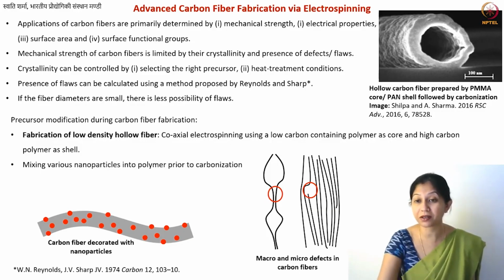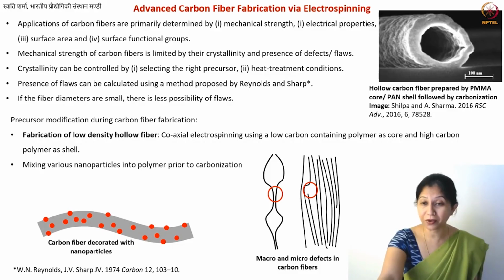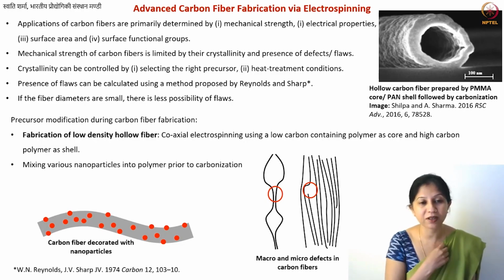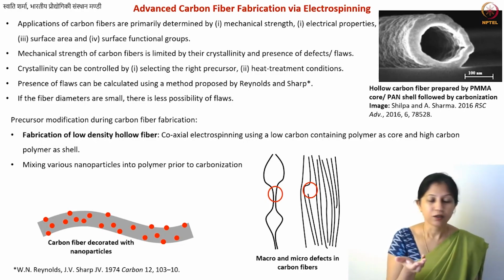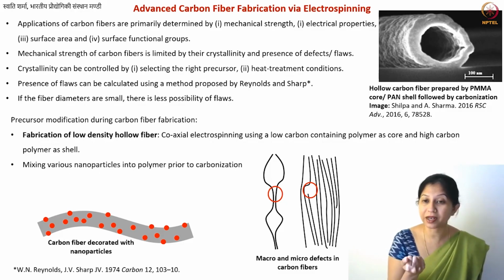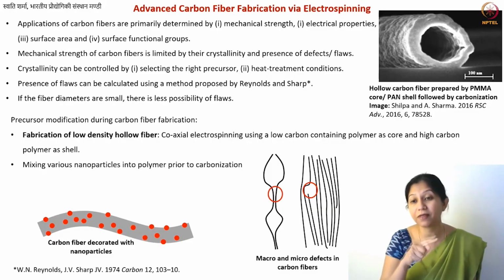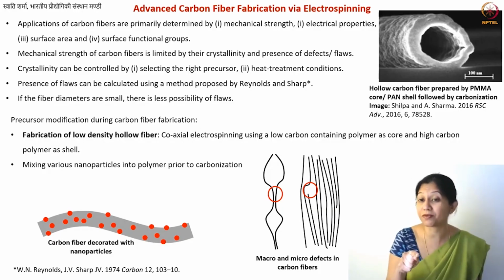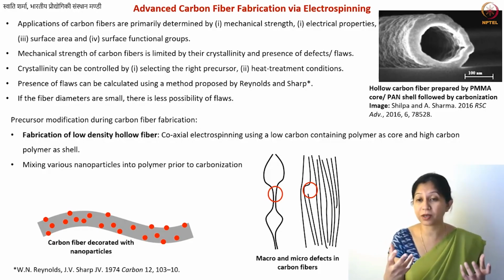So this is also another thing you can do. Why would you do that? Because now your carbon fibers basically serve as a substrate for these nanoparticles. Maybe there is a certain nanoparticle where you want to utilize the property of the nanoparticle and not that of the carbon fiber, or you want to utilize the property of both.